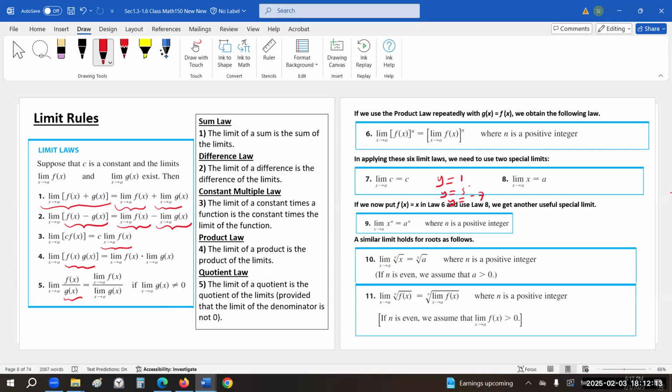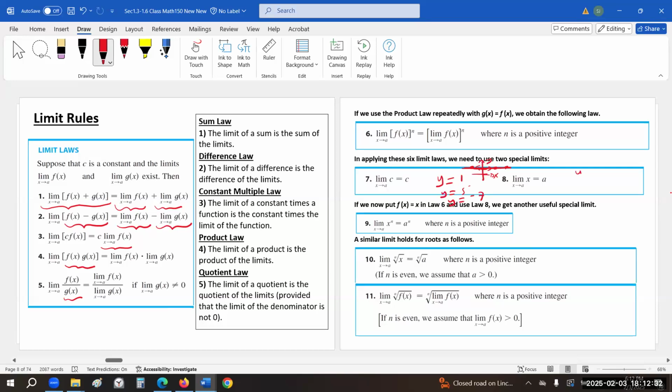For example, if you have y equals 1, it's this line. So this is the x, this is the y. So y equals 1. So it doesn't matter where you are taking your limit, anywhere in this function, your y value is the same number.